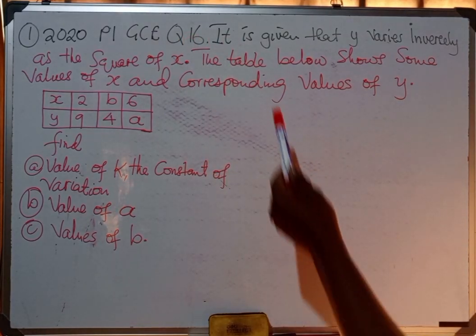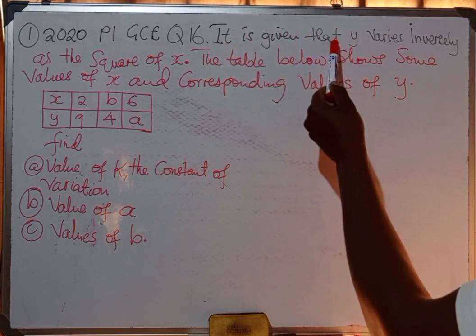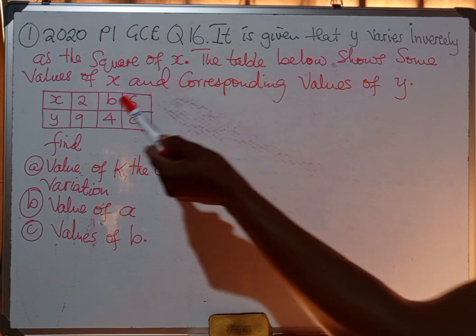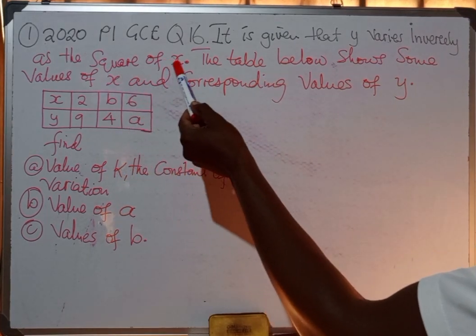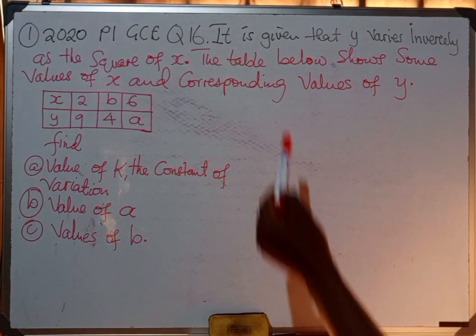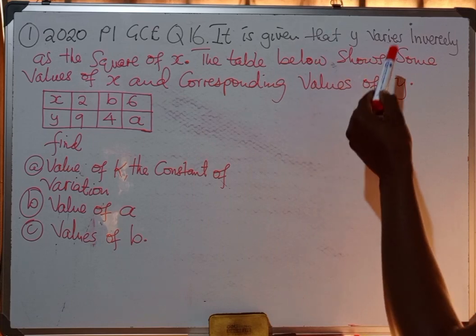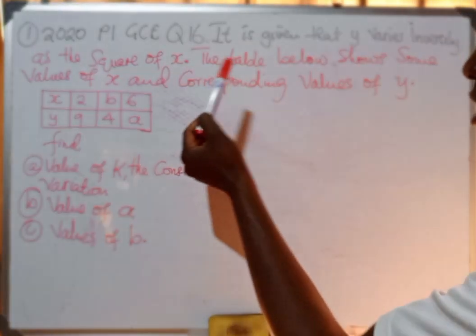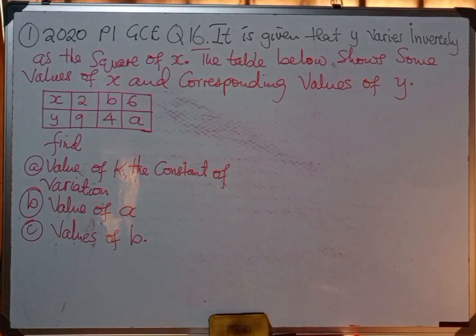The question is, it is given that y varies inversely as the square of x. The table below shows some values of x and the corresponding values of y.